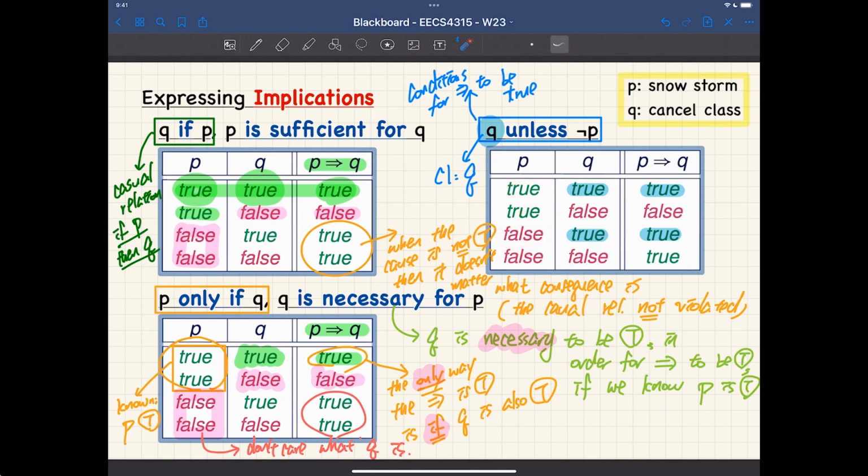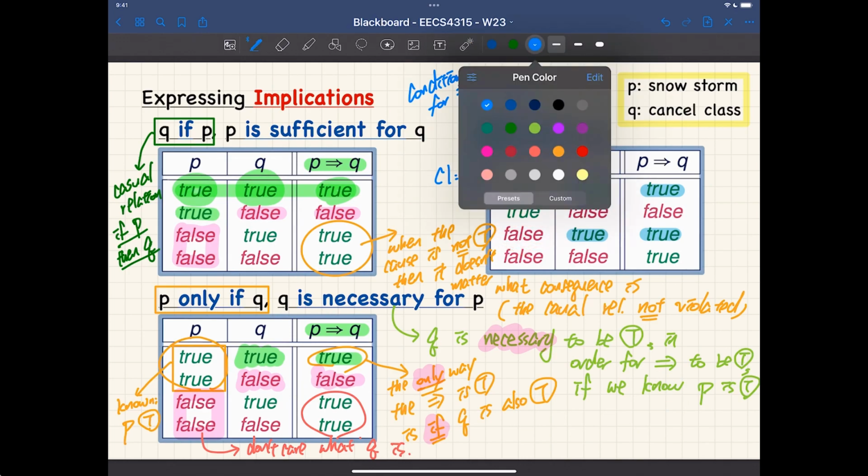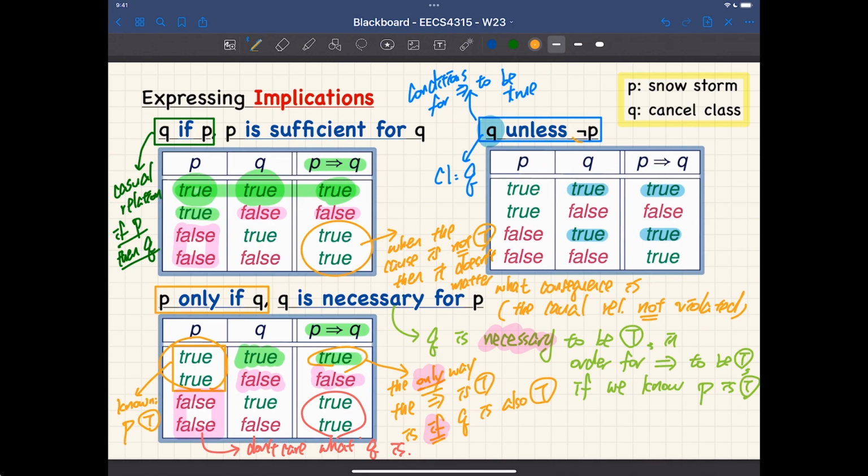On the other hand, let me finish this, just in case you have a question. If not P is true, that means P is false. This will be condition number two. That means P is equivalent to false. Now, when P is false, you can see here and also here, the corresponding value for P implies Q, despite what the value is for Q, is also true.